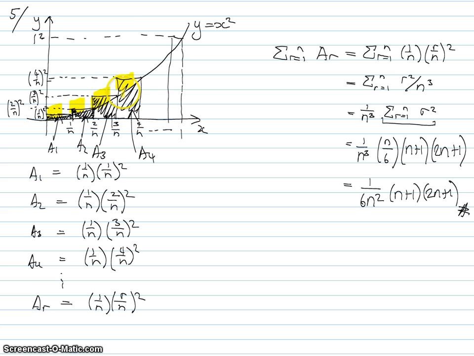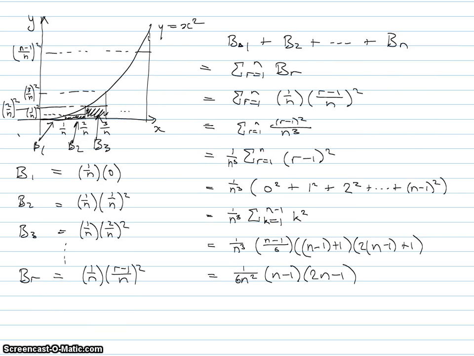This bit that's overestimated is going to get smaller and smaller, and my rectangles will become closer and closer to the area under the curve. Similarly, this one, I've actually underestimated the areas. So as I use more and more rectangles, the area of the rectangles is going to get closer and closer to the area under the curve.